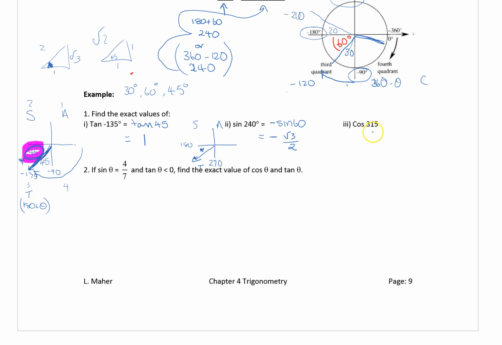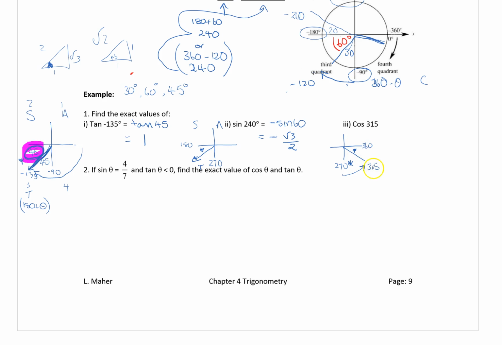Moving on, cos 315. Where is the angle 315? So it's a positive angle going in the positive direction. We're down here. We're between 270 and 360. When we're there at 315, we must establish what this angle is. So we've come all the way around up to 315, but we must establish the size of that angle there.